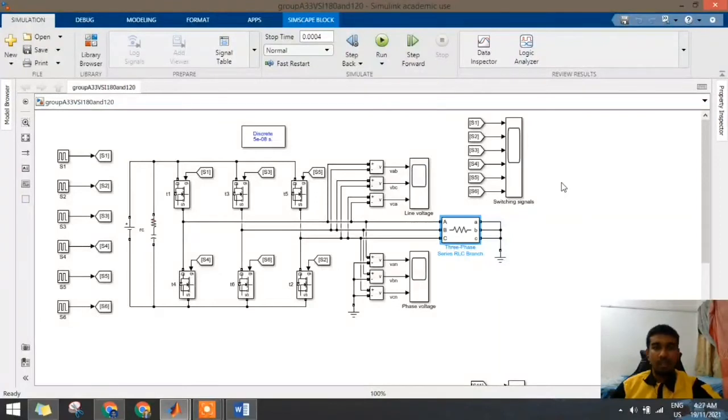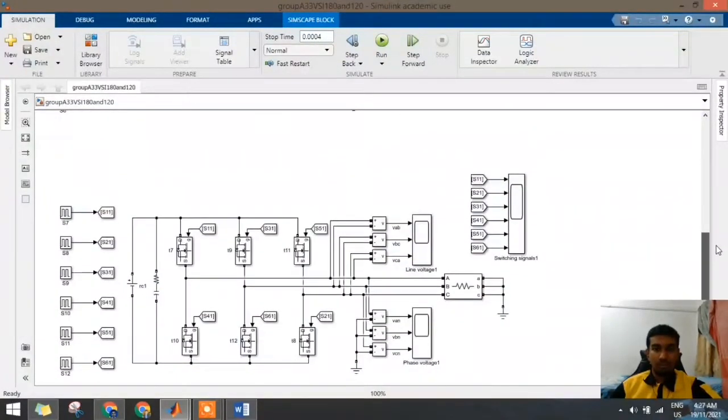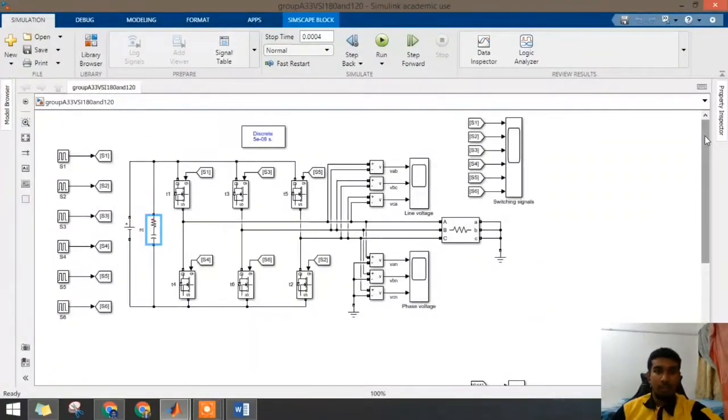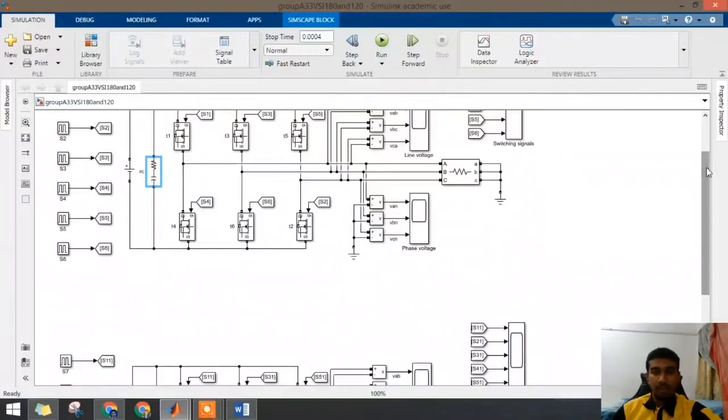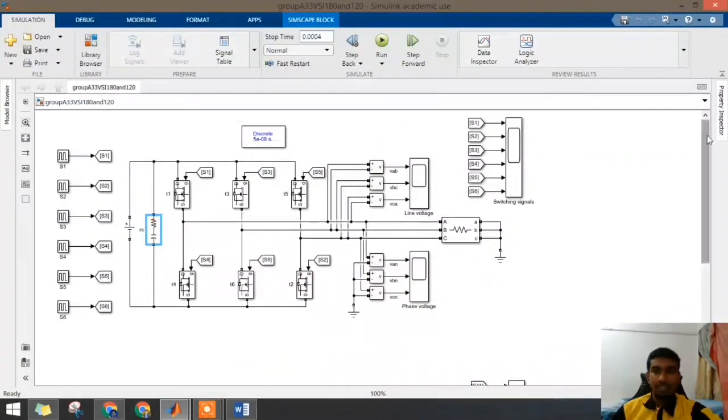In addition, for the simulation time, we set 0.4 millisecond for both VSI. Then we placed measuring components, which are phase voltage measurement and line voltage measurement, as well as switching signals for both VSI.